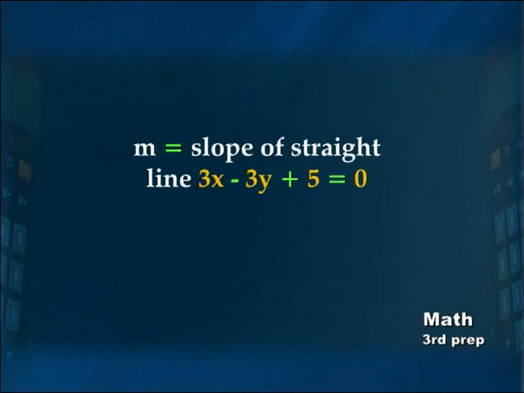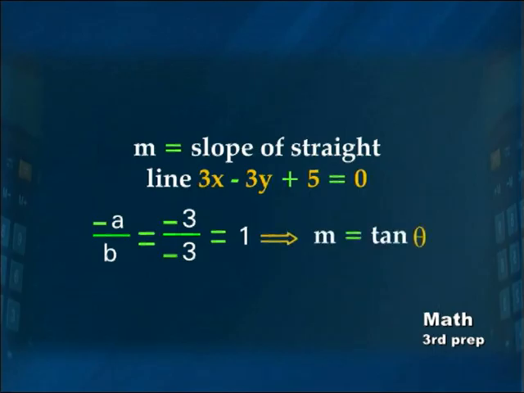What about the rule of the slope? It is negative a over b, negative coefficient of x over coefficient of y. So it is negative 3 over negative 3, to obtain a result of 1. Then what about the slope of the angle? It is tan theta.